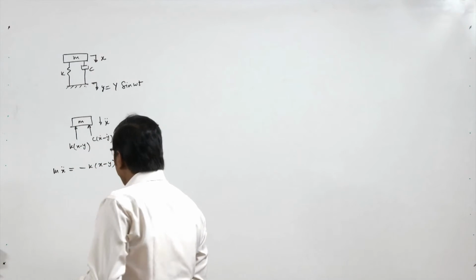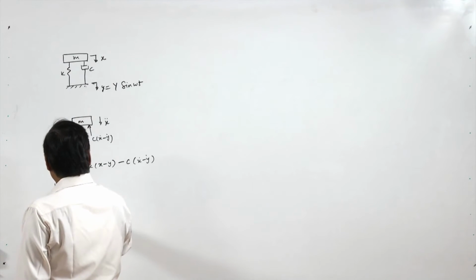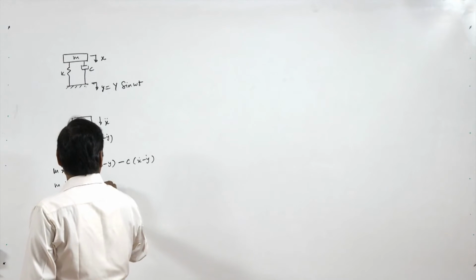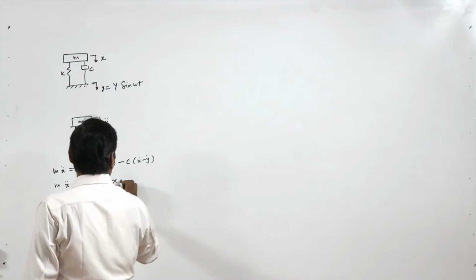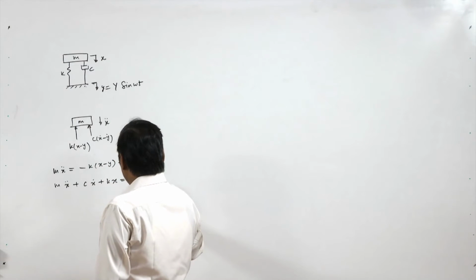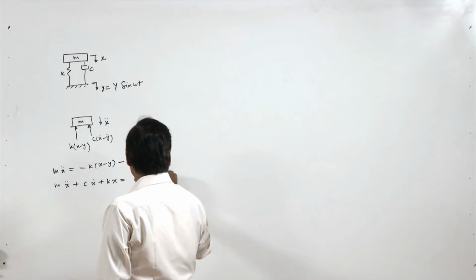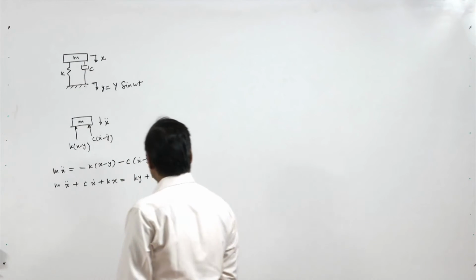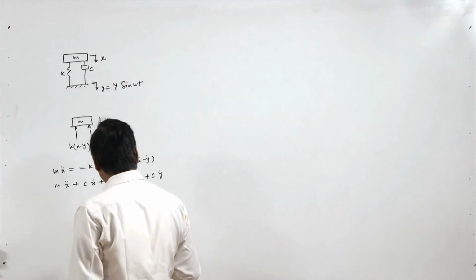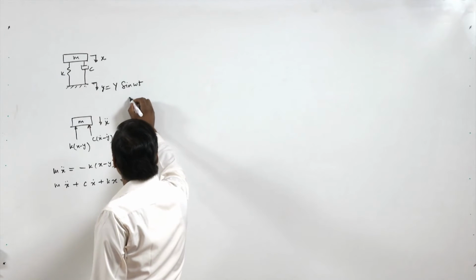So we can write m x double dot plus c x dot plus k x equal to k y plus c y dot. Now here y equal to Y sin omega t.